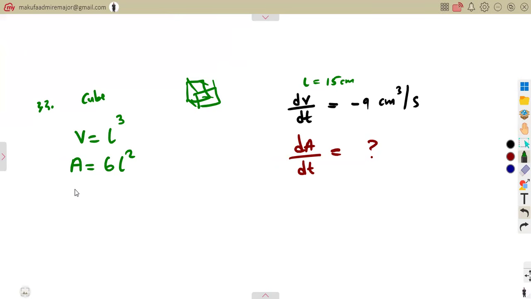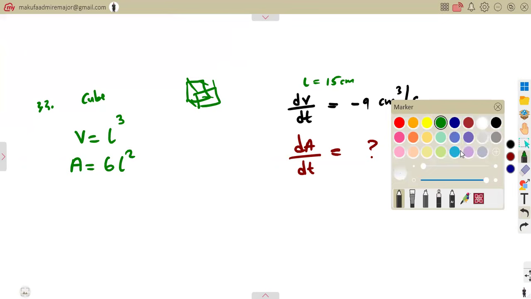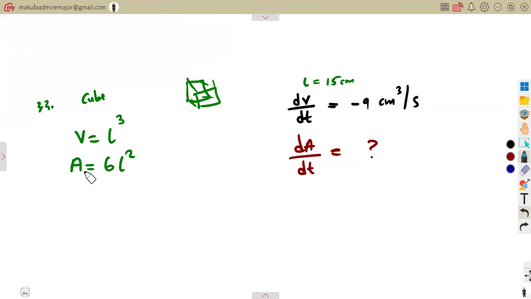I said that we are supposed to have the derivative of A with respect to t, but I want you to see what is going to happen here. The area gives us dA/dL.